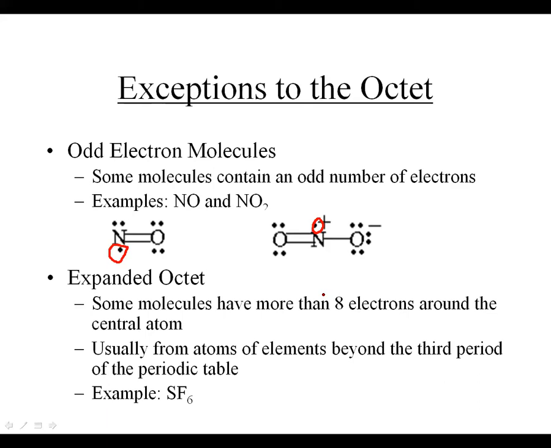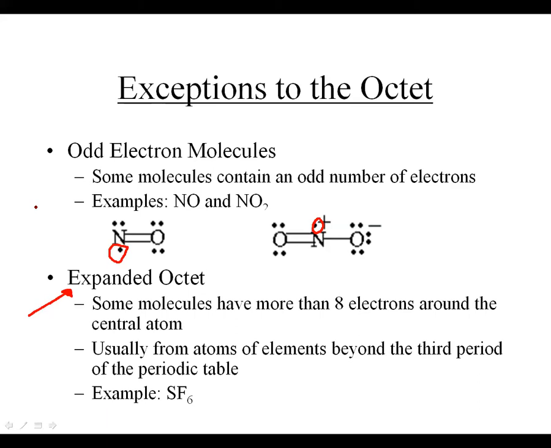Now, if you continue on in chemistry, the one exception that you will see the most outside of this class, in the next class, is the expanded octet. And the expanded octet is molecules that can have more than 8 electrons around them. That's a very common exception that you see a lot, especially if you continue on to first semester general chemistry.